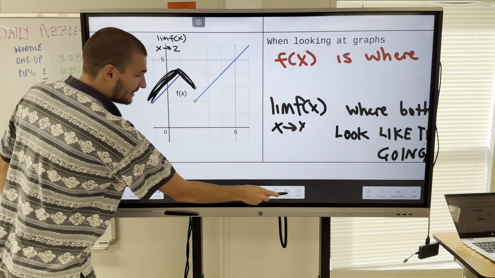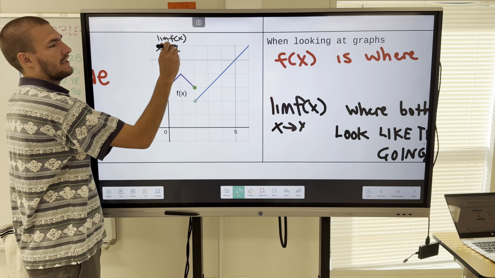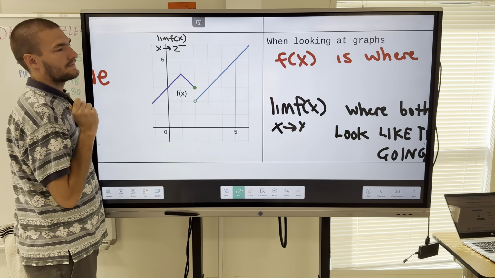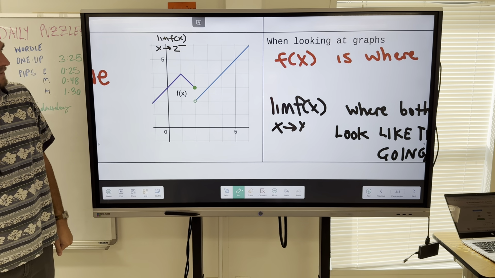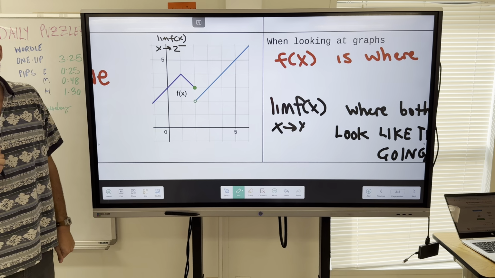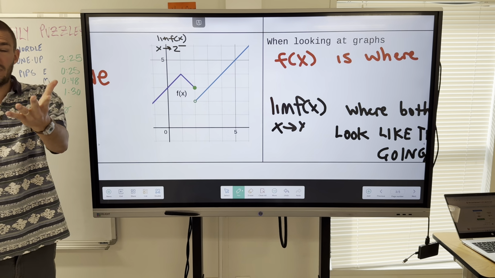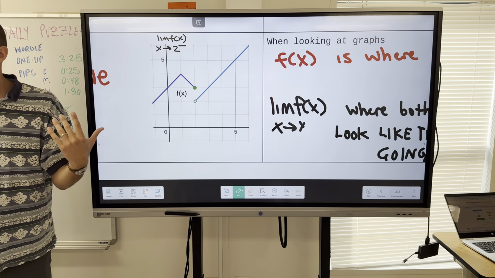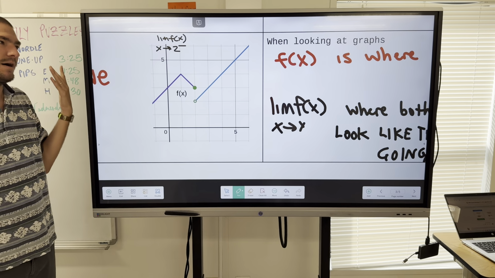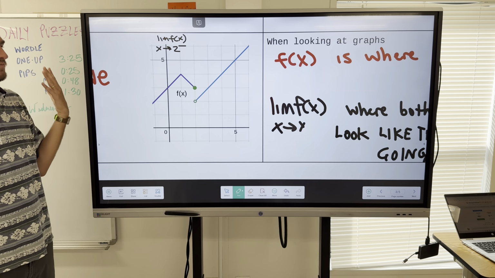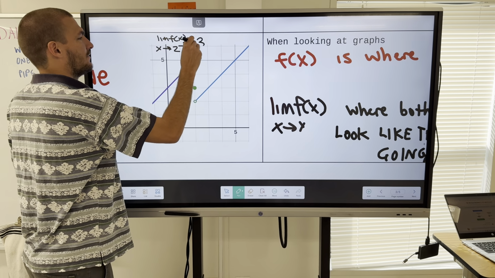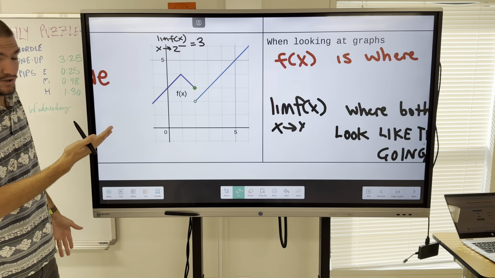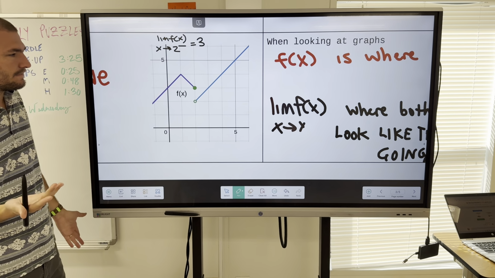So, importantly, make sure that we put a little negative here. And these are the answers that Luke and Jack were answering already without even knowing anything about one-sided limits. It's just whatever you would think on one side. This is equal to 3 because it looks like it's going to be 3.